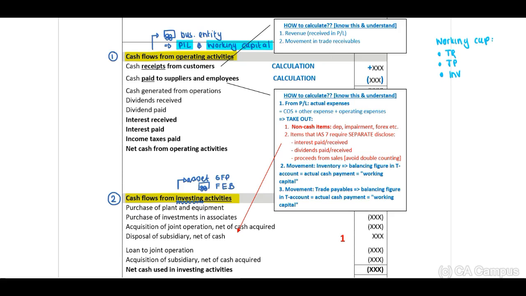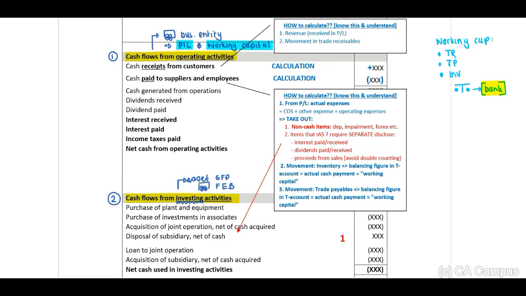Now, what do I mean with movement? When you include T accounts and you are able to identify that there is a movement and the correlating account will be your bank account, I refer to this bank account amount. And I am going to explain this to you in our example as well.